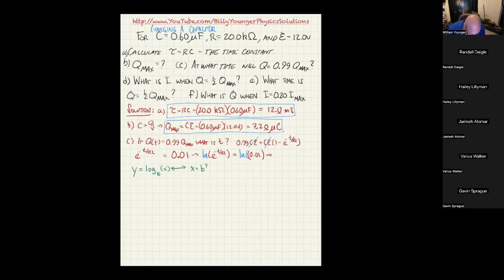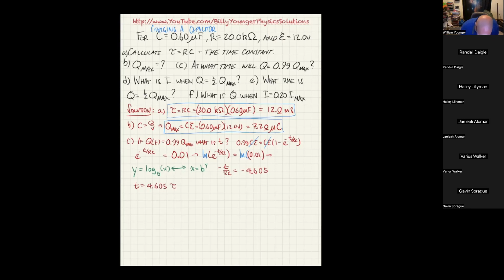So I'm going to now say negative t over RC is equal to the natural log of 0.01, excuse me, and the natural log of 0.01 is negative 4.605.